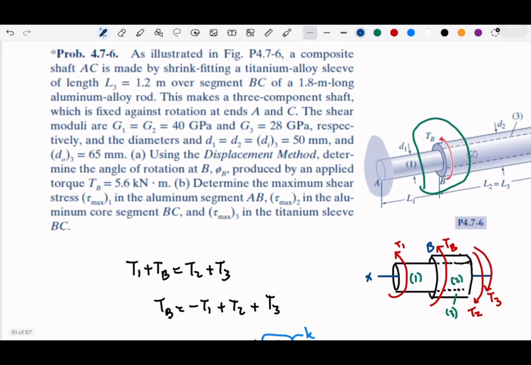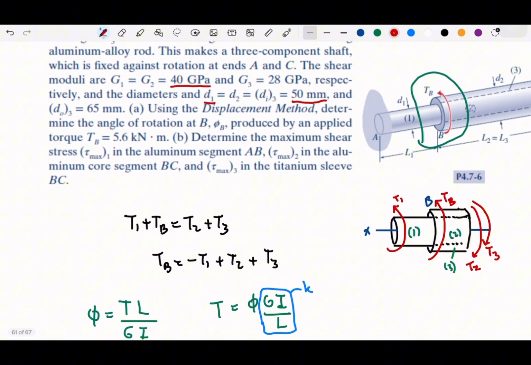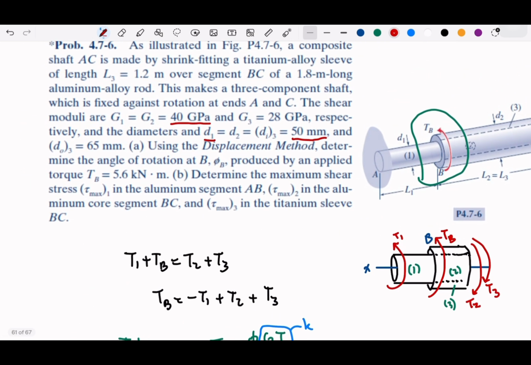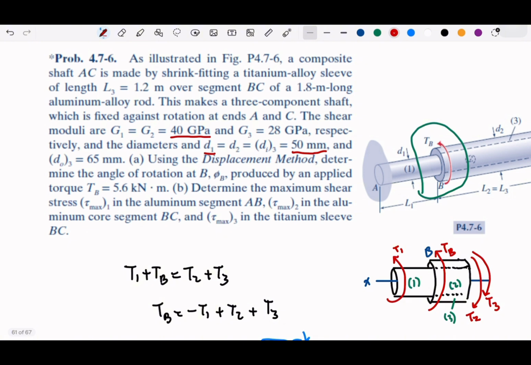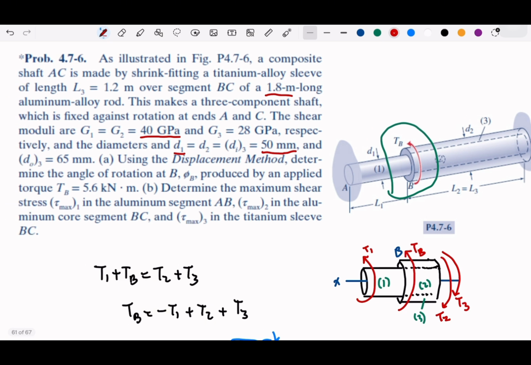G1 is already given here, 40 GPa, and then we have the D1. Element 1 is solid, so we have 50 millimeter for diameter, and then the length L1 is 1.8, shaft AC.